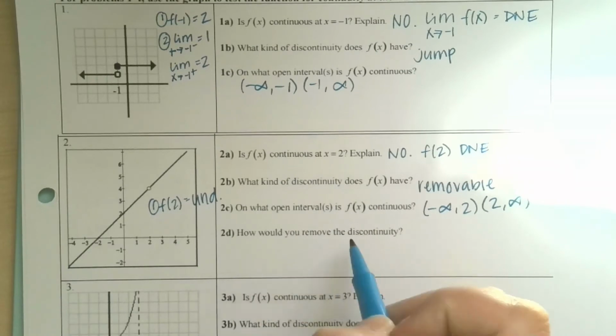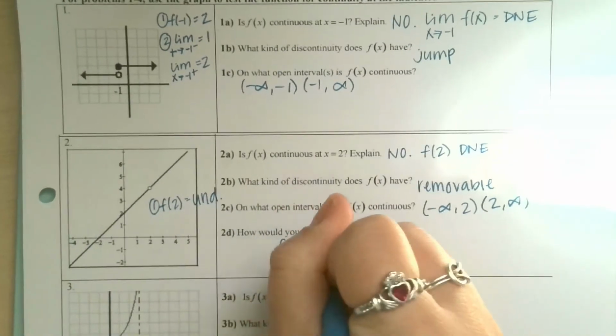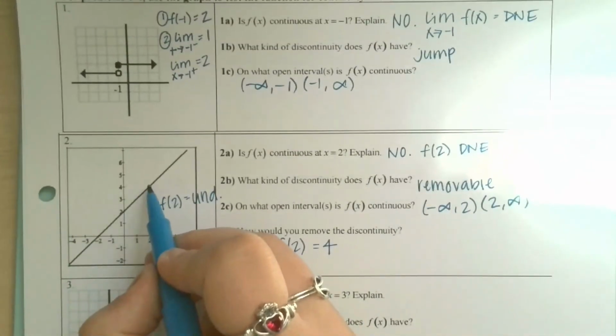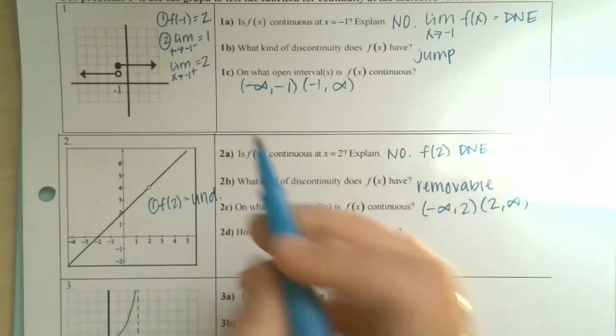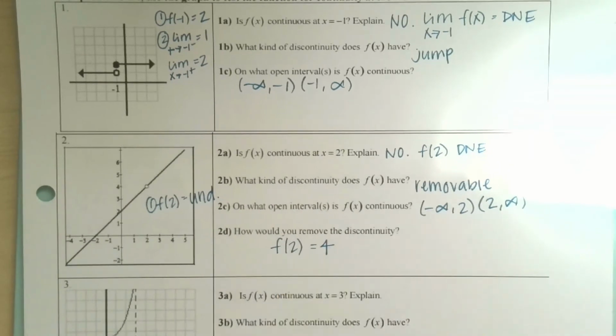So to remove the discontinuity, we would want to define f of 2 as 4, right? Because if we were to do this, we'd be able to fill in that circle, and then this would just be a straight line, and we'd be good to go. Our function's continuous, f of 2 equals our limit, and everything is perfect. So that's how you would remove that discontinuity.